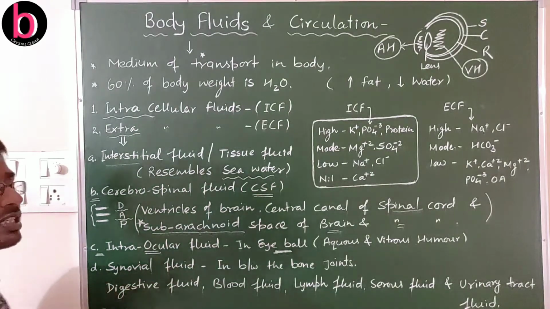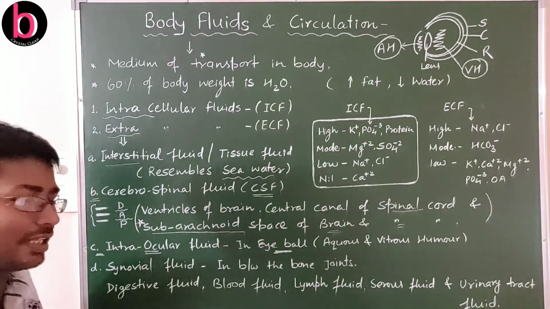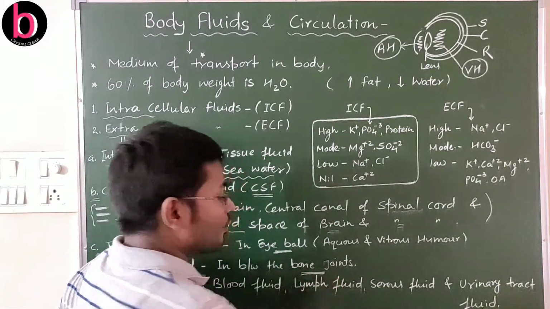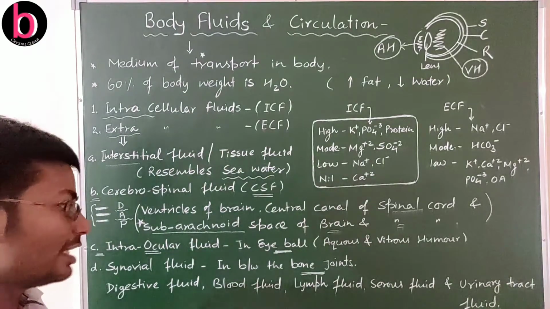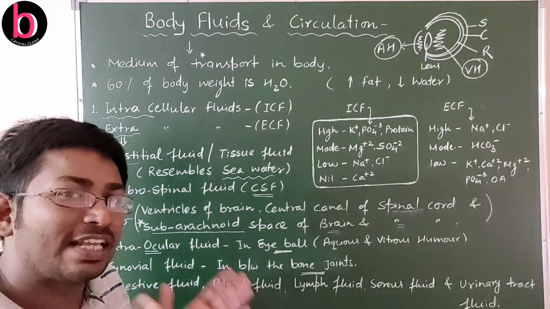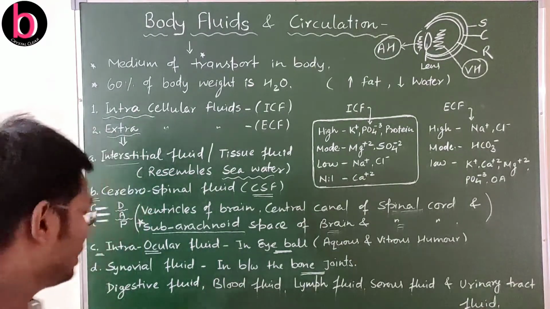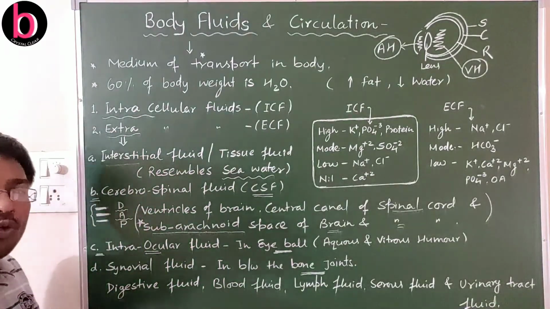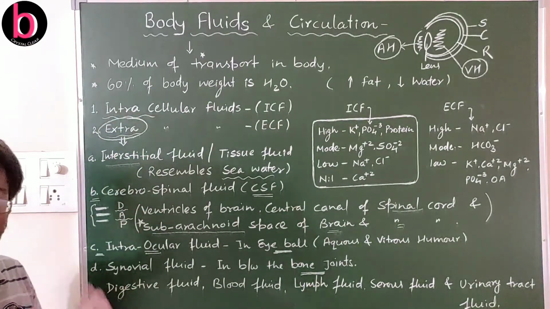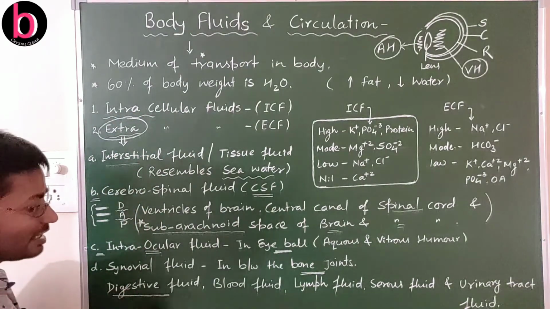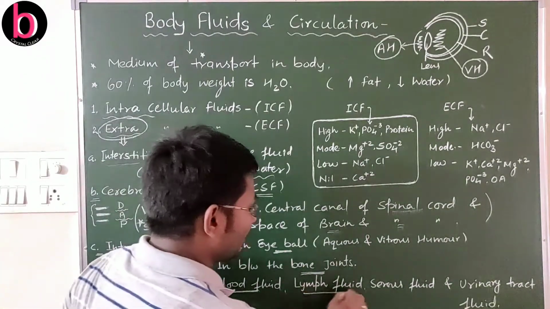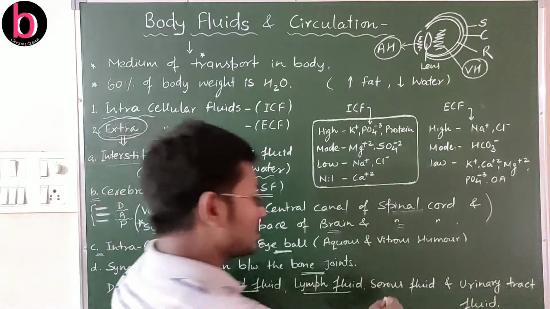The next one is synovial fluid. That is very common. I think you know all about this. This is present in between any two bone joints, and it is for frictionless movement as well as for shock absorption. After this, there are so many types of fluid that are considered as extracellular fluid. These are like digestive fluids, blood fluid, that is blood plasma, lymph fluid, that is lymph plasma, and serous fluid.